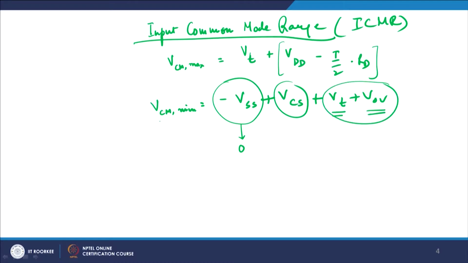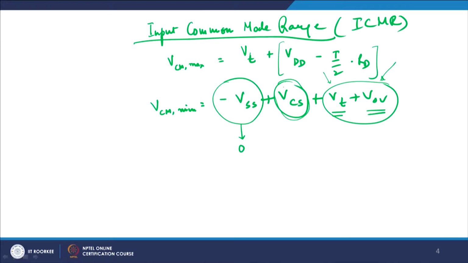So your minimum common mode voltage should be this much so that it is able to switch on the device, draw the device into the active region by V overdrive, and sustain a minimum voltage across the current source, otherwise this will not work fine. And VSS for all practical purposes is always equal to 0, so I can write this to be typically VCS plus Vt plus V overdrive.